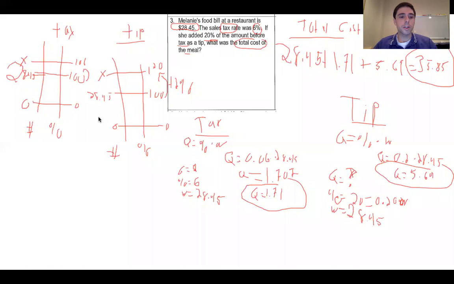Awesome, that's a really great question. Don't we have to add the tip first and then get the total and find the tax of the new total? Why can we find the tax before the tip?